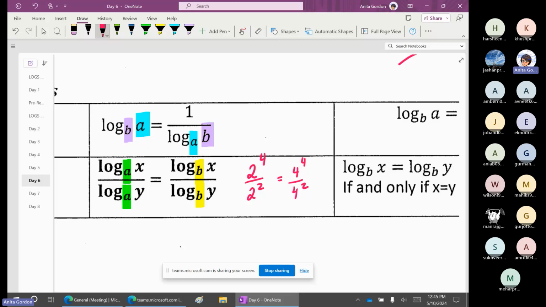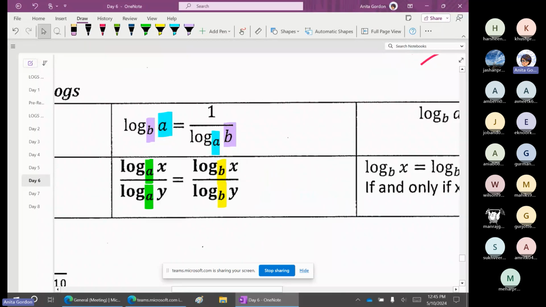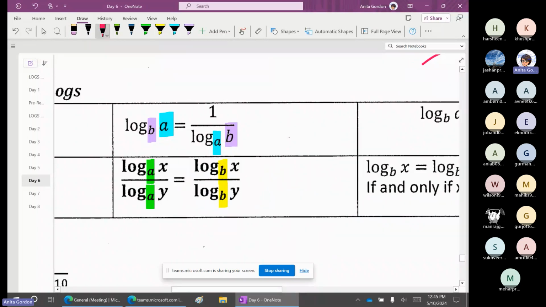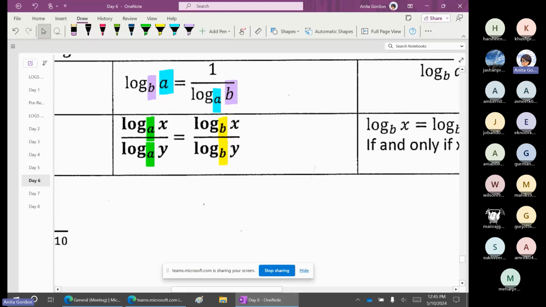Is it true? That's not true. Hold on. This is the exponential version of this. Hold on, hold on. I did it backwards. I did an exponential instead of a logarithm. Okay, let's do it in log-based form.